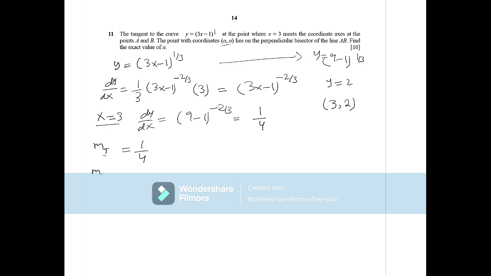And the gradient of the normal would be minus 4, because we know the product of the gradients of normal and tangent is minus 1. So we've got the gradient of the normal and one point on the normal, so you can make the equation of t and the equation of n.